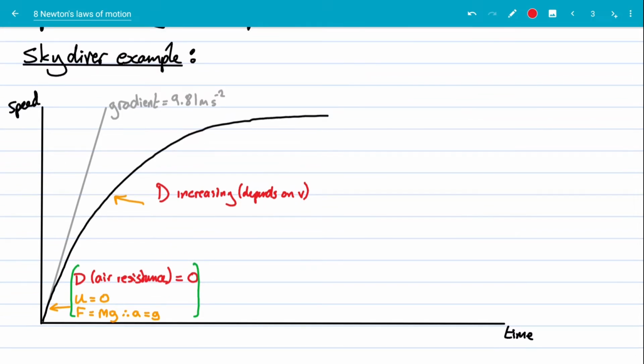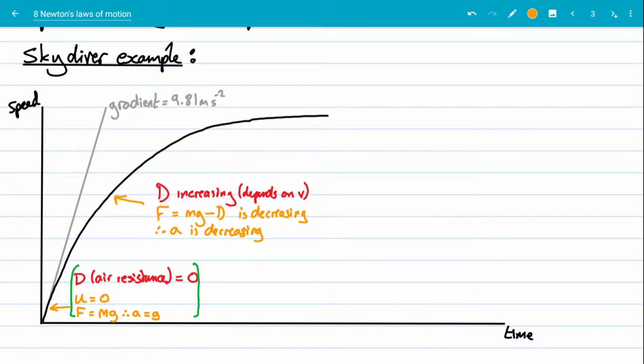That is going to increase that drag. So because D is increasing, F is going to be equal to mg subtract D, which is decreasing. Therefore, the acceleration is decreasing.